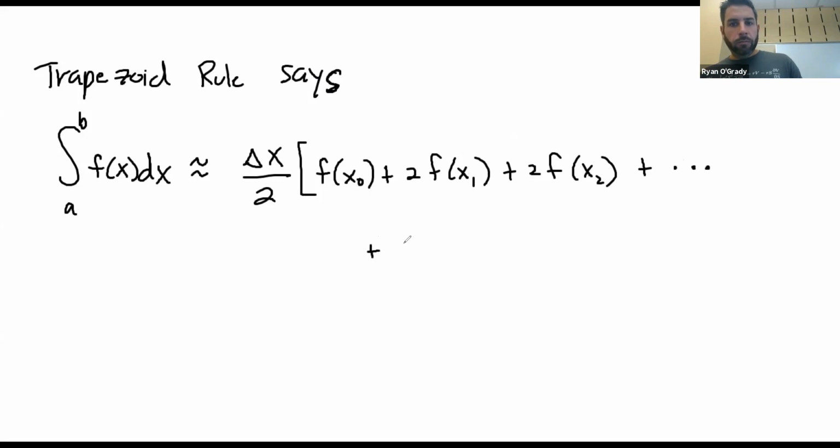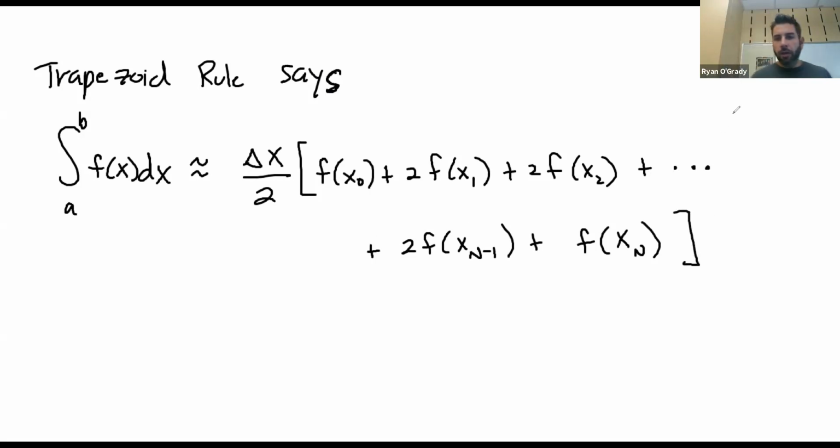And so there's a pattern here that you have to be careful you don't mess up. And that is every term inside of the sum has a 2 in front of it, except the first and the last. Now, why is there a 2 there? Well, actually, Shobit, that's the question you asked yesterday.